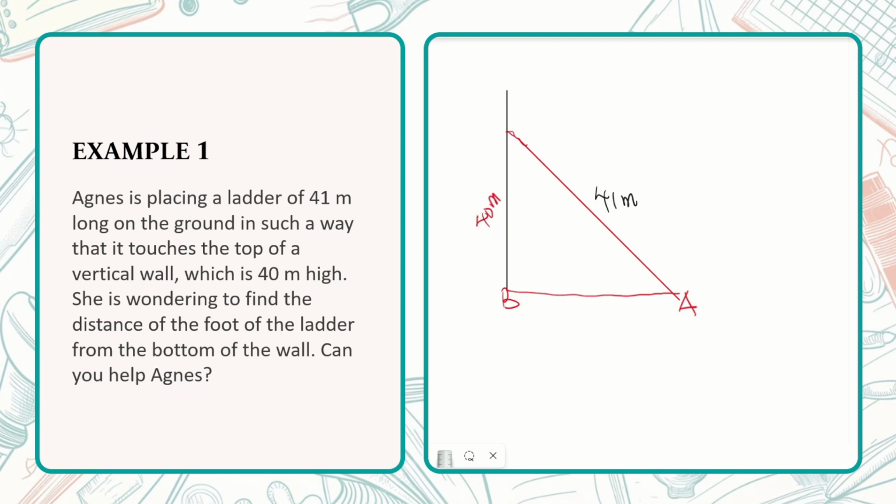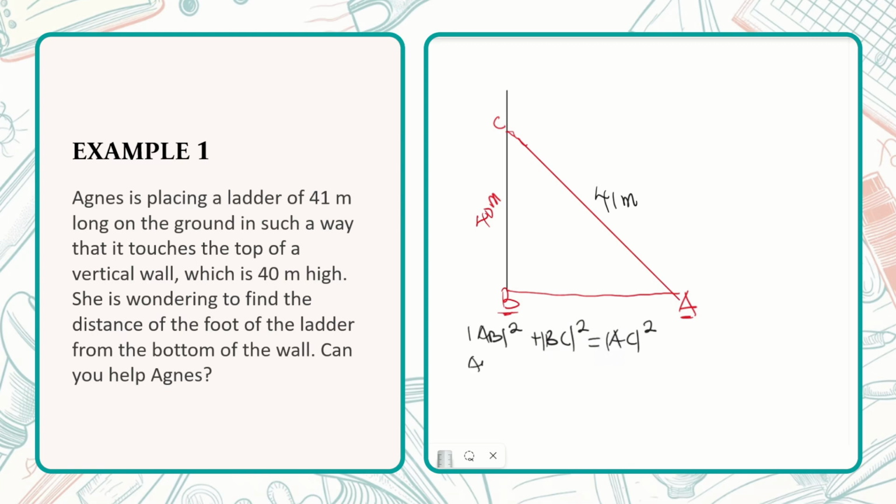We are finding the foot of the ladder, which is A, from the wall, which is B. Let's label the top part here as C. So based on the Pythagorean theorem, we can say that AB all squared plus BC all squared is equal to AC all squared.